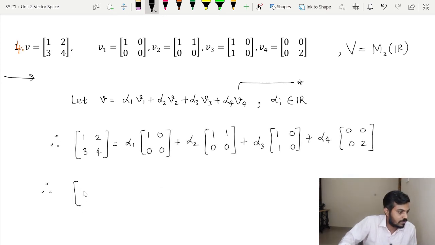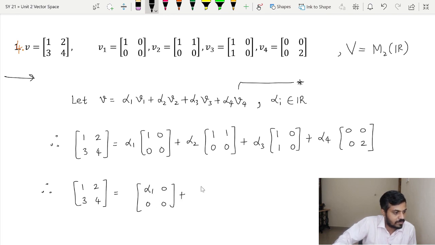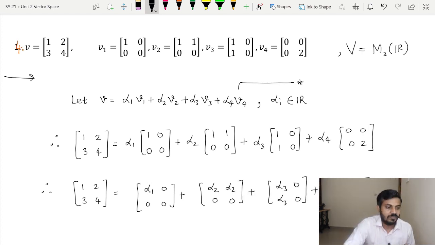Now let us put the values of vectors. Therefore this 1, 2, 3, 4 will be equal to, now by doing certain calculation, put alpha 1 inside, so it will be alpha 1 0 0 plus this will be alpha 2 0 0. Now simply we have to add the 4 matrices on the right hand side.